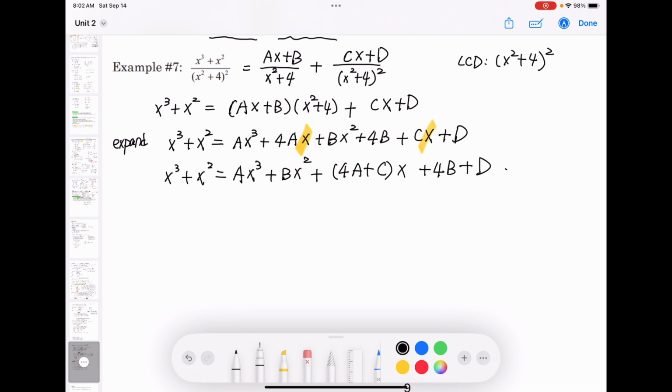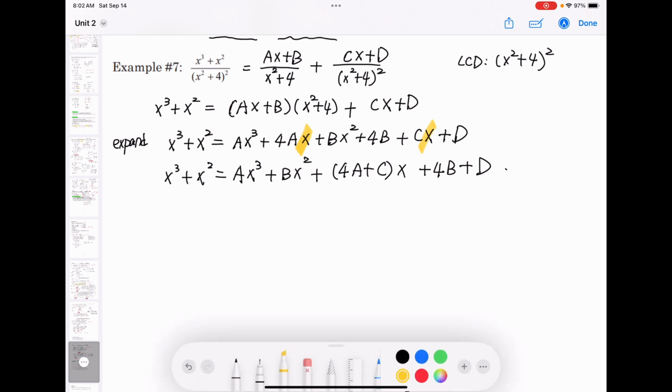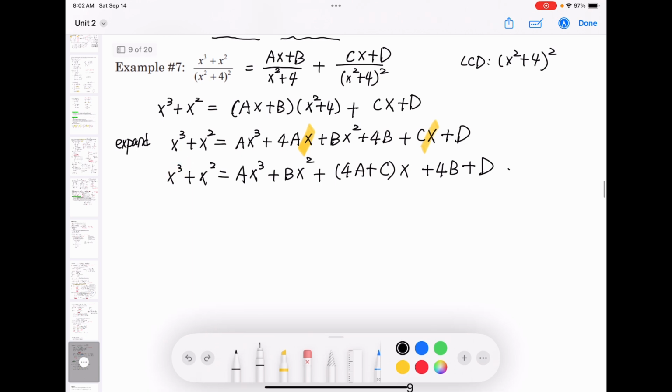Let's list the equations. In front of our x cubed, we have the coefficient 1. That means a is equal to 1. And how about the squared? In front of the x squared is b, which is 1.